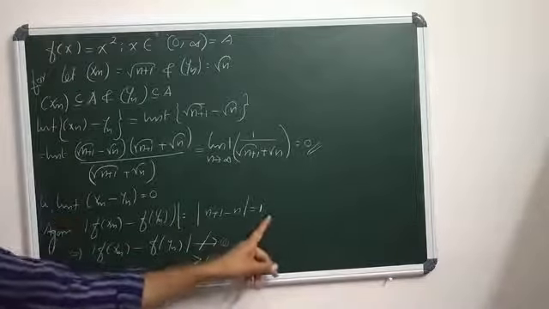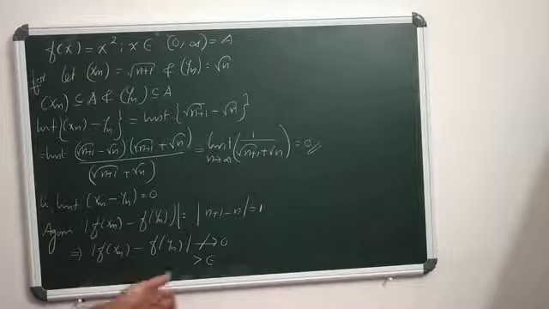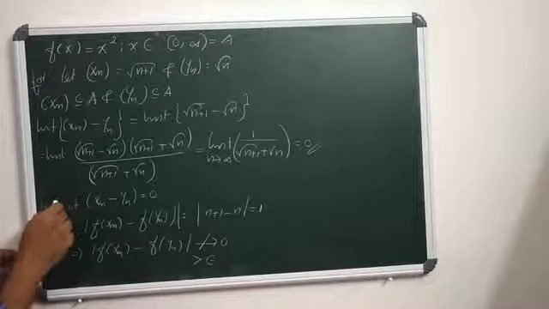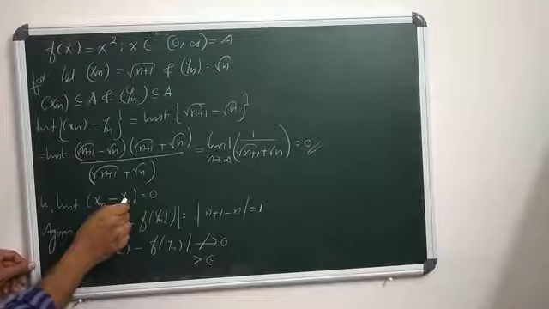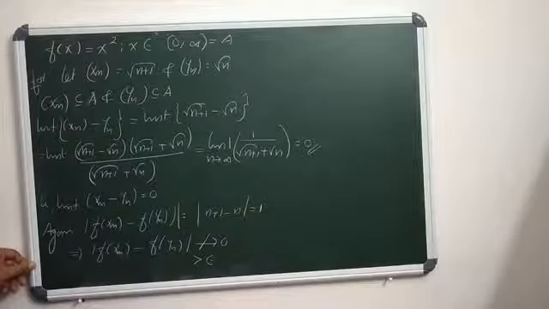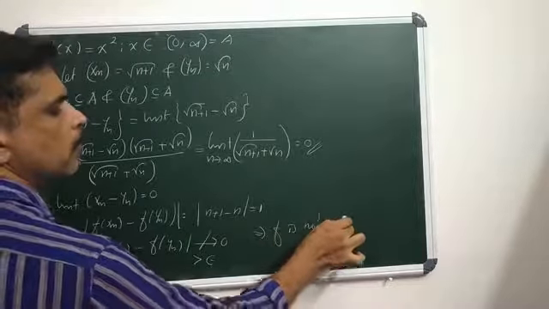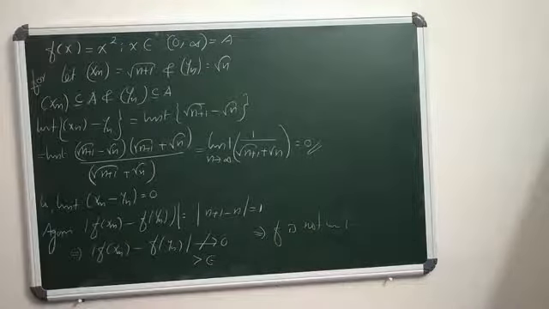So by the criterion for non-uniform continuity, the limit of xn minus yn equals 0 but modulus of f of xn minus f of yn is greater than epsilon, so the function f of x equals x squared is not uniformly continuous on the domain [0, infinity).